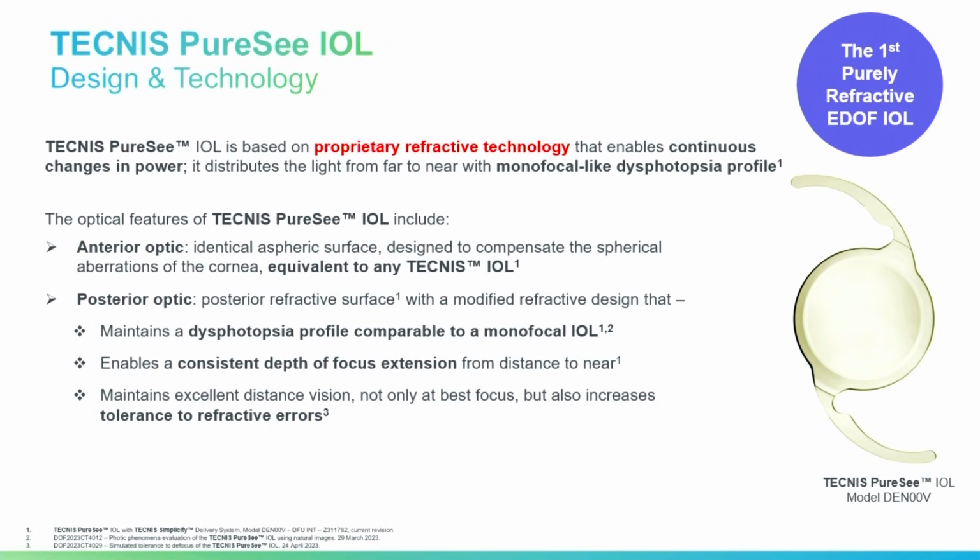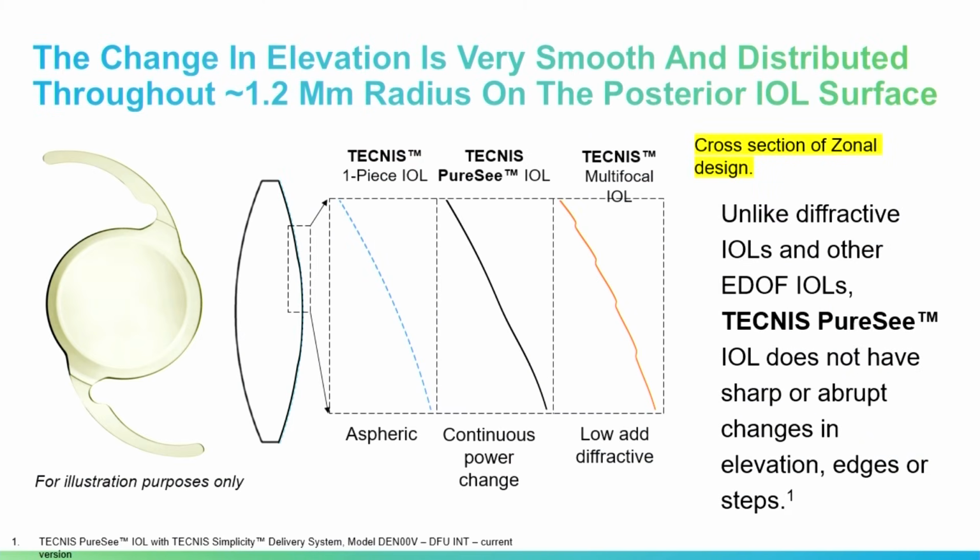That's what Presbeyond does. So the Technis Pure C: the anterior surface is just a monofocal with asphericity. It is not a spherical surface. The posterior, they claim, has added power. Your MTF curves showed depth of focus till 1.75, very good, up to 2, maybe even 2.25.